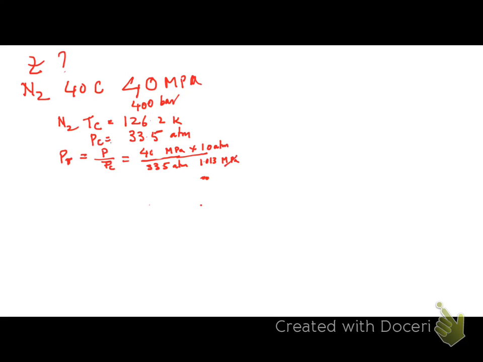So now megapascals get cancelled, and atmospheres get cancelled, so you get your value. So what will that be? 400 divided by 1.013 divided by 33.5.